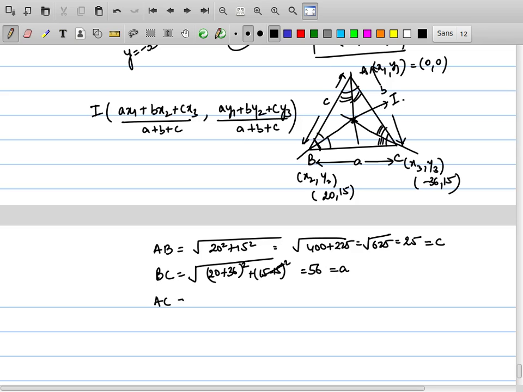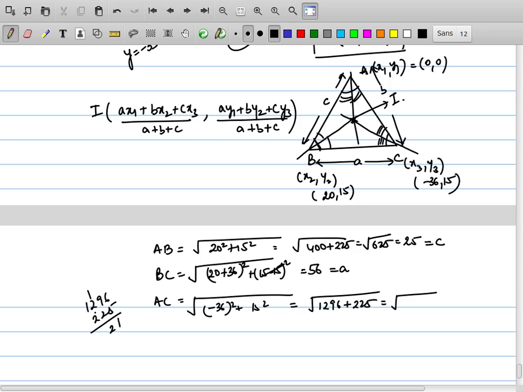Similarly AC is the square root of minus 36 square plus 15 square. 36 square is 1296 plus 225, so this gives you 1521. Now 1521 is 39.